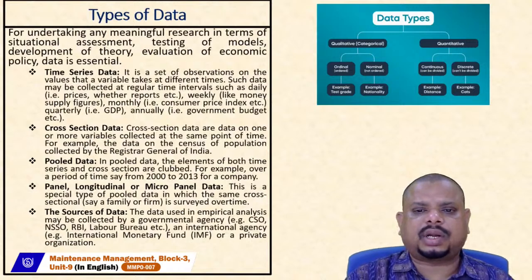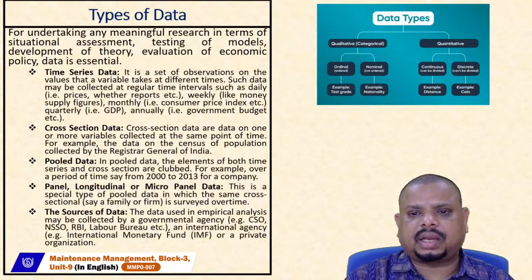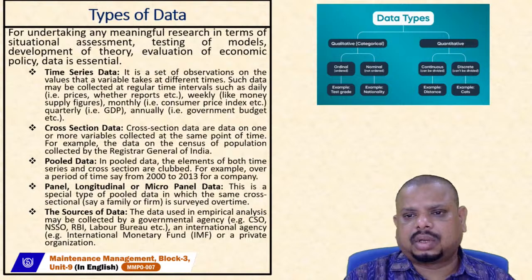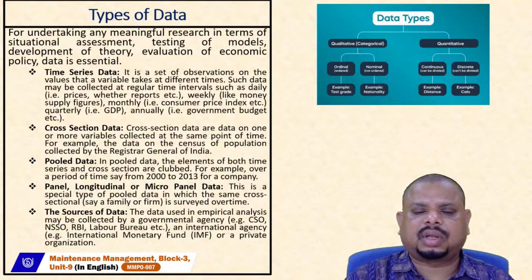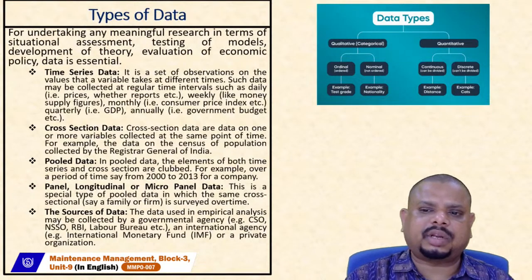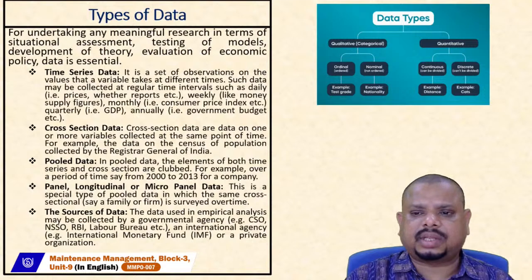For example, ordinal data is basically test grades, and in case of nominal data, which is not ordered, the example is nationalities. On the other hand, in case of quantitative data, we have continuous data that can be divided, and discrete data that cannot be divided. For example, distance is continuous, and in case of discrete, the example is cats.